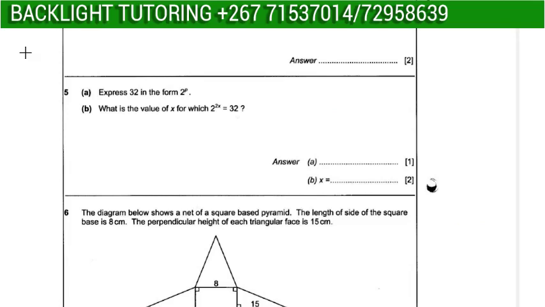Now we're going for question 4, right? It says express 0.125 as a fraction in lowest terms. So you just count the numbers after the decimal: 1, 2, 3. So you're going to say 125 divided by 1 with 3 zeros, 1, 2, 3.